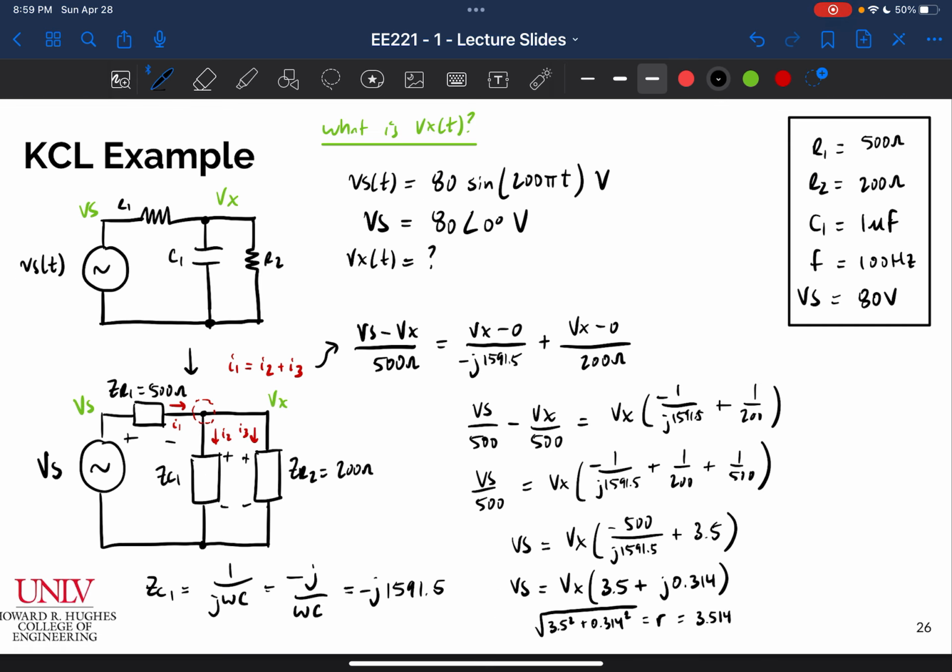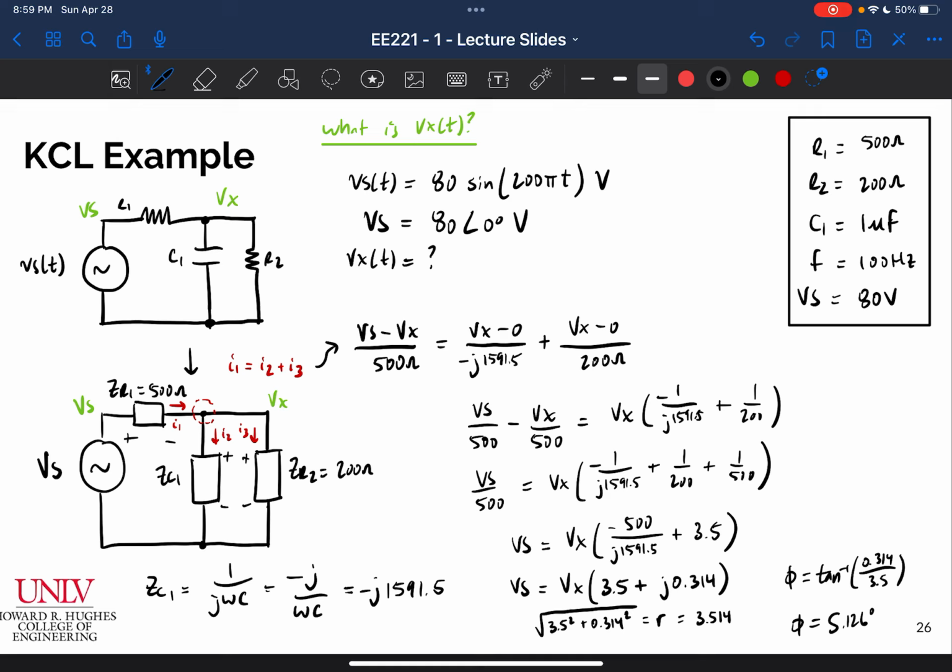And then for phi, I'm going to get tan inverse of 0.314 over 3.5, which in this case is going to give me 5.126 degrees. Okay, so we've got our R, we've got our phi.